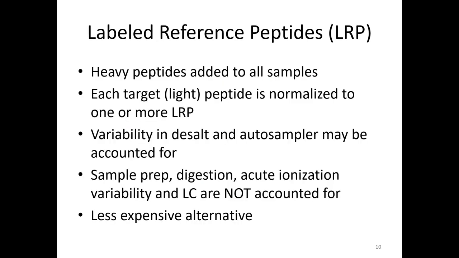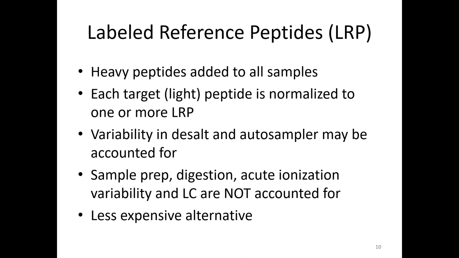Okay. So I touched on this briefly yesterday. Labeled reference peptides are a nice way to inexpensively help to minimize variability in the LC and MS portions of your workflow. You can buy heavy peptide labeled kits from Biognosys or Pierce, and these are multiple peptides that you can spike into a sample, and then you normalize all of your analytes to either the nearest one or an average of the heavy labeled peptides present in the sample.